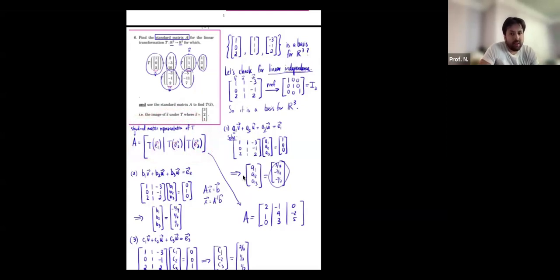The problem is I don't know where they go. I don't know what these are. They're question marks at the moment. So what I have to do is utilize what I'm given. What I'm given is the images for these basis vectors. It's another basis. You don't always use the standard basis.